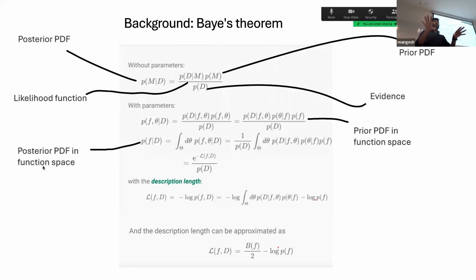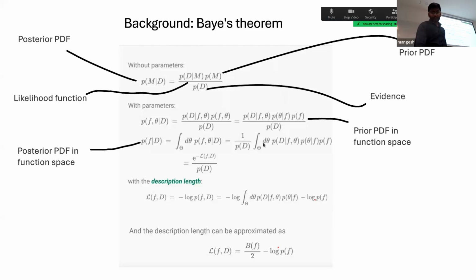So you have all the functions, so sine, cosine, and all combinations of them. Let's say sine divided by x, all kinds of terms. And you get the probability of getting each function or each term based on your data. Okay, posterior probability based on your data.